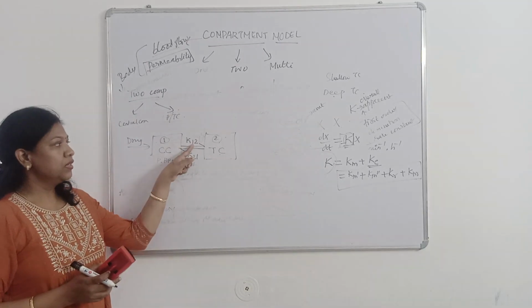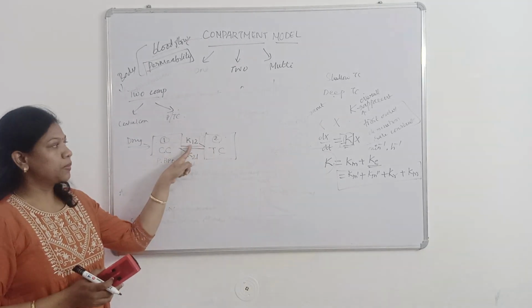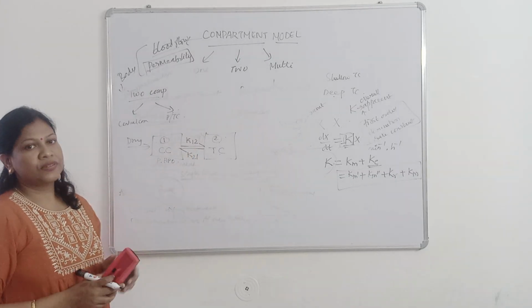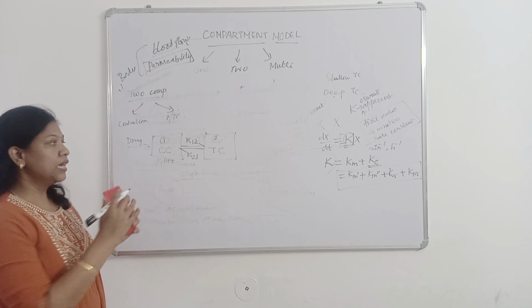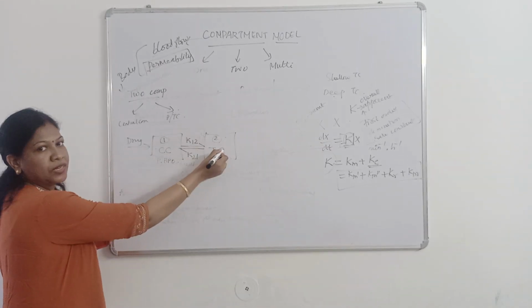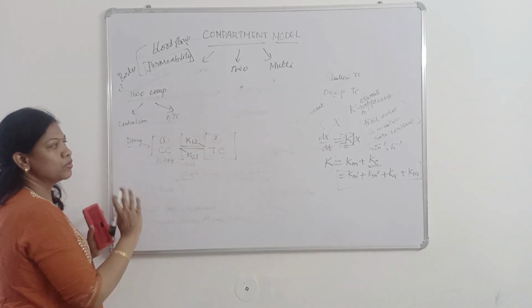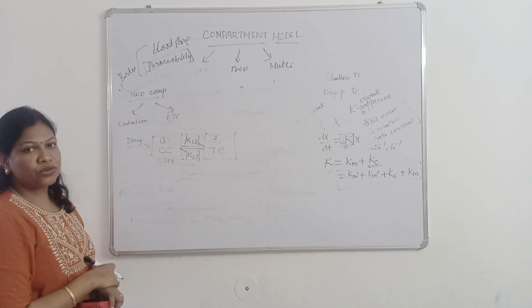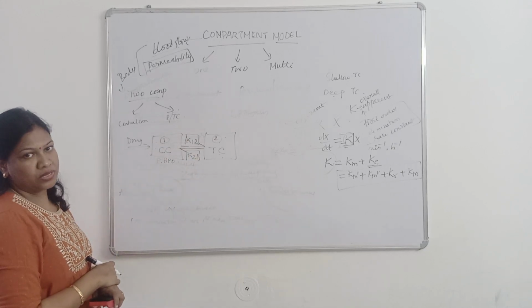K12 means 1 to 2, first compartment to second compartment. Here the movement takes place from second to first compartment. So now the drug has distributed from central compartment to tissue compartment and tissue compartment to central compartment. These two are known as transfer constants or distribution constants.